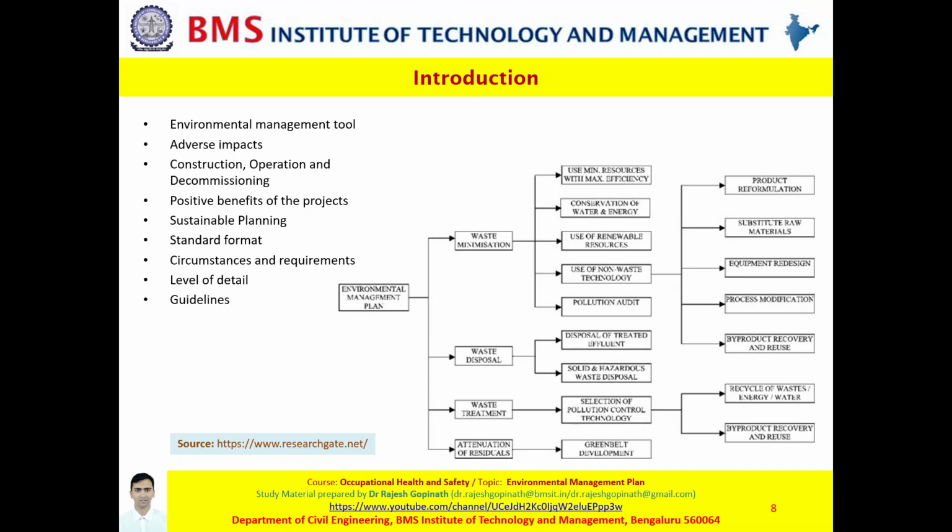Please understand the major objective, the major purpose of EMP is only to protect the environment, to enhance sustainability, to conserve the natural resources. And how does it do it? It does so by making sure that if there are any negative impacts of any industrial activity, or any activity as a matter of fact, those impacts can be nullified or mitigated.